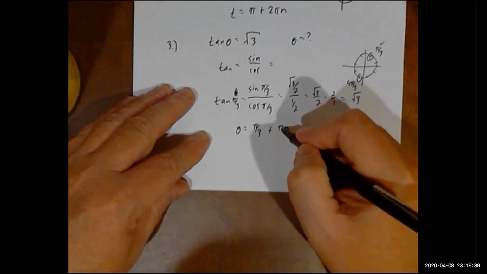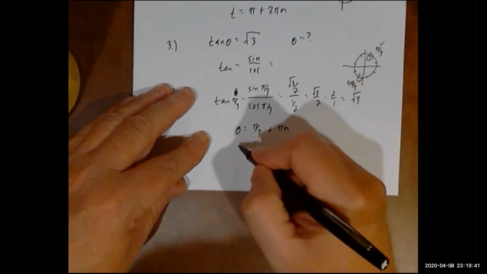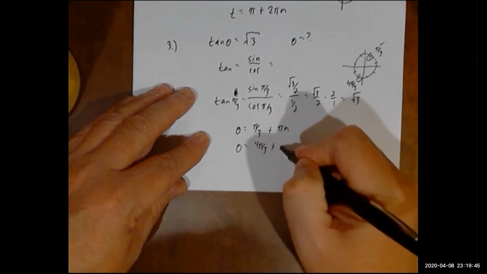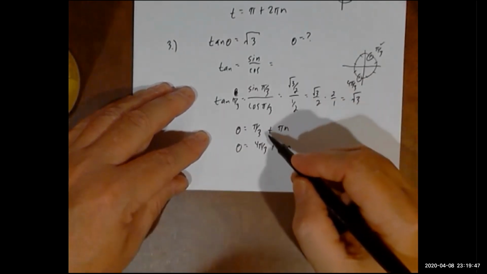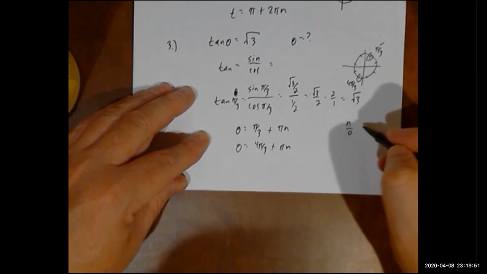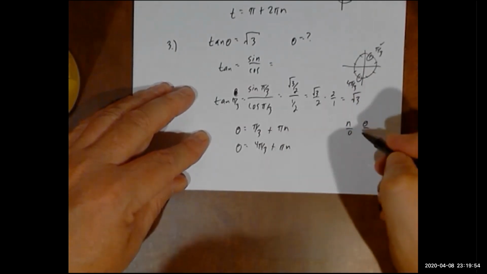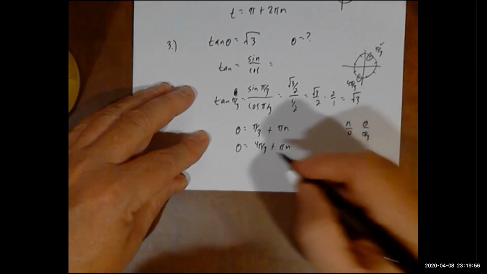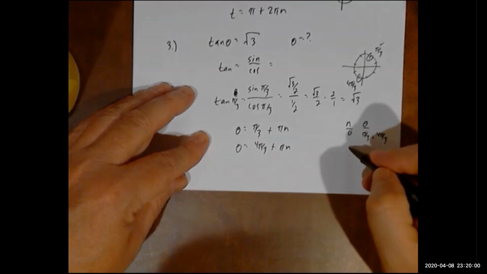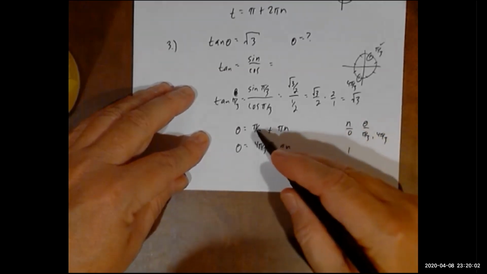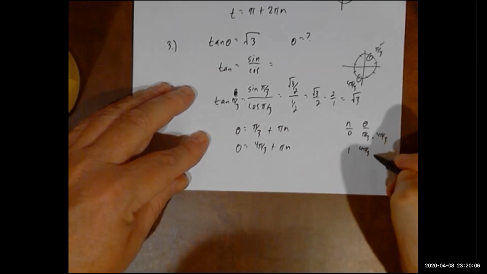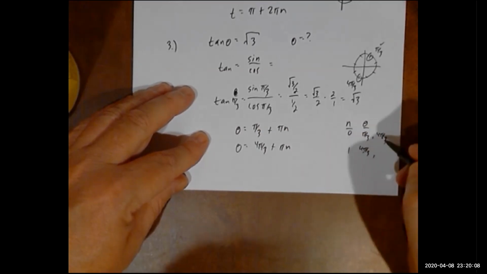Instead of 2 pi n, it repeats every pi n. So if I write it like this, look what happens when n is 0. This theta is pi over 3. This one's 4 pi over 3. But when n is 1, pi over 3 plus pi is 4 pi over 3, and they start repeating.